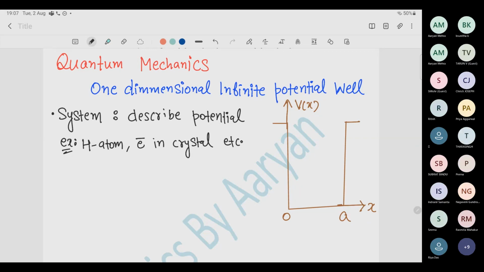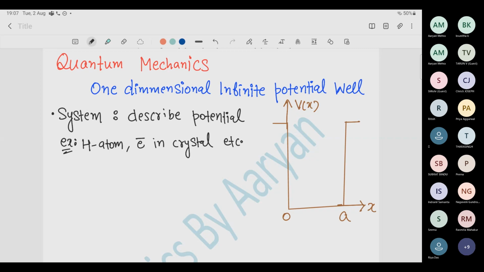If you want to describe an electron which is present in a crystal and you want to study the motion of that electron or the behavior of the crystal, you need a quantum mechanical description, or we say that this is a quantum mechanical system.